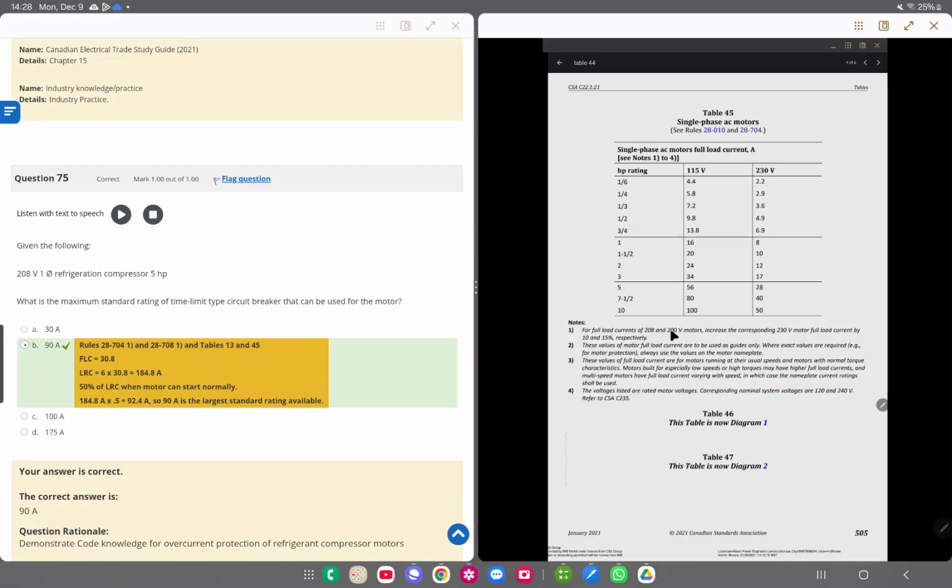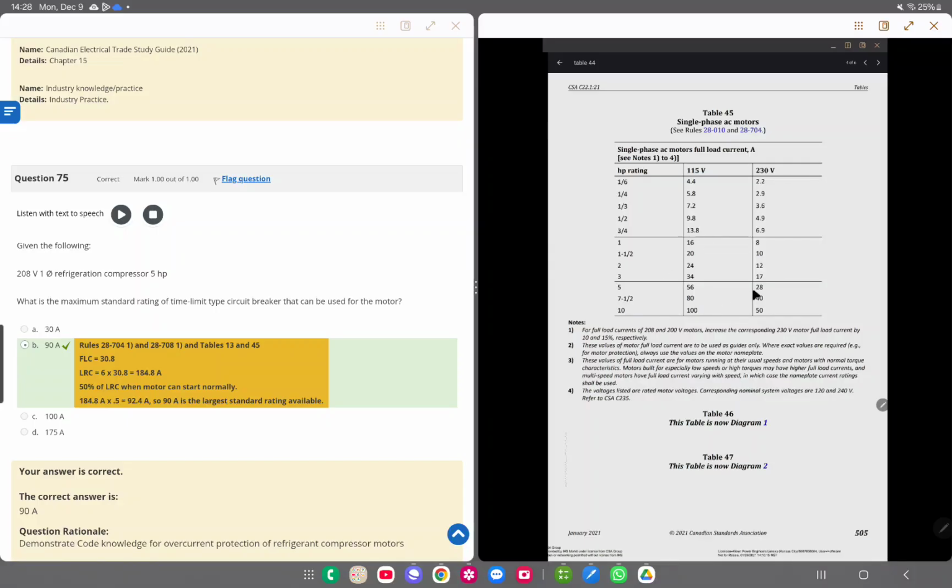So for 208s, we're going to go with 10% on top of the FLA that we're going to get from the table. 208 volts, single phase, 5 horsepower.